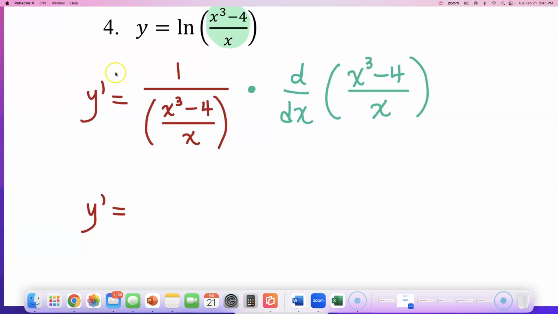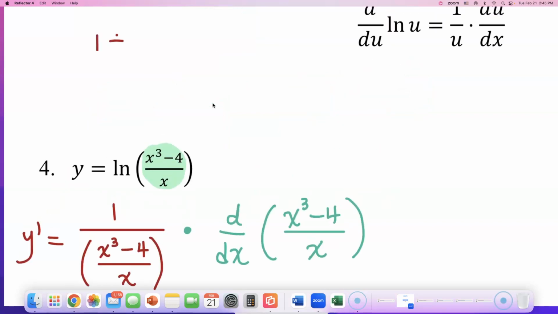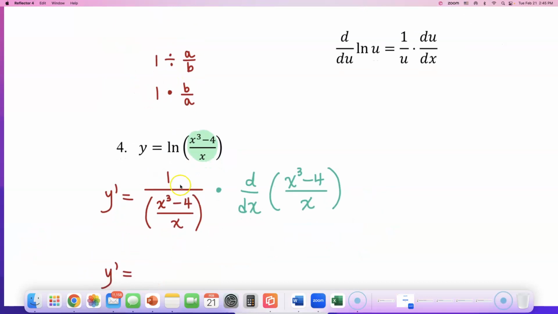If you are dividing 1 by this fraction, you know what will happen is this. Take a look. If you have 1 divided by a over b, wouldn't that be the same as 1 times b over a, right? Keep, change, flip, right? So over here, you have 1 dividing by this fraction in the denominator. This is the same as 1 times x over x cubed minus 4.